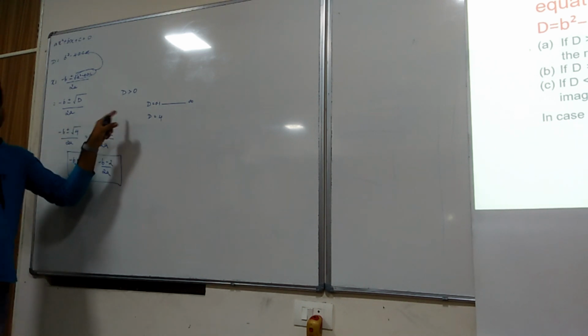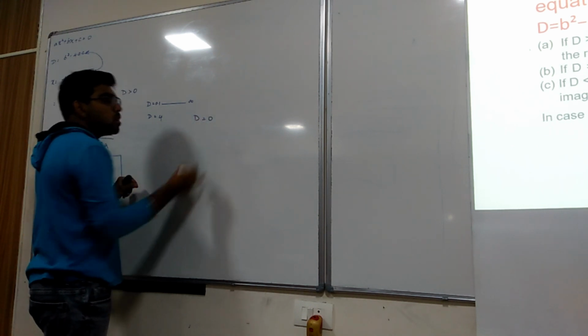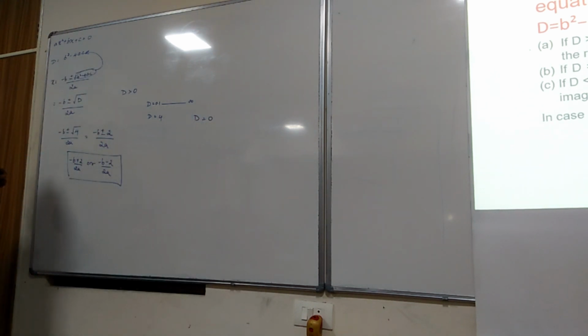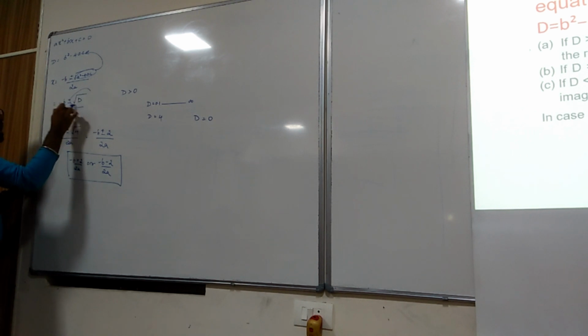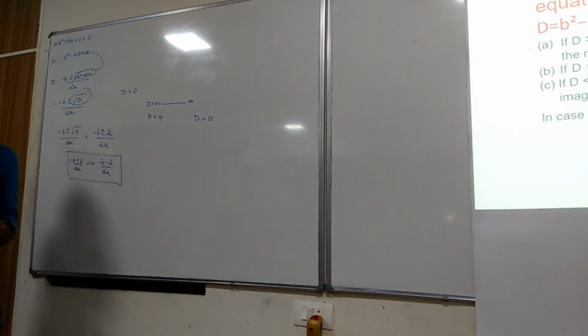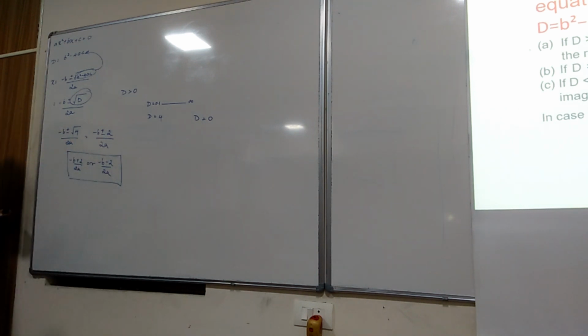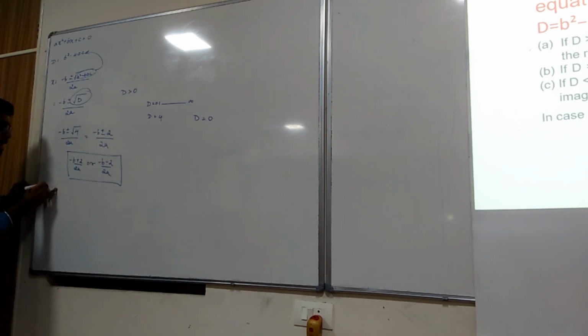Now this is D greater than 0. If D is equal to 0, what happens? This entire term goes off. Root 0, the entire term. Either you add 0 or subtract 0, it doesn't make any difference to the value. So the entire term goes off. So what will be your answer? Minus b by 2a.